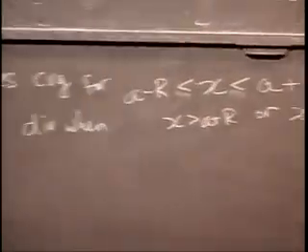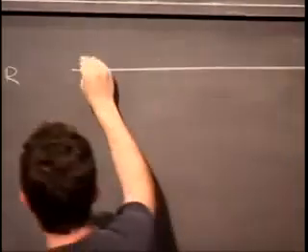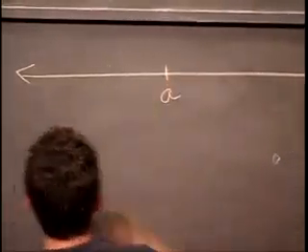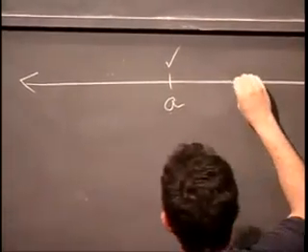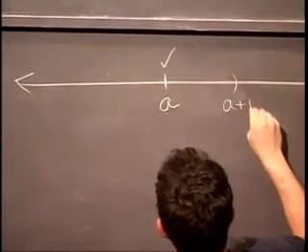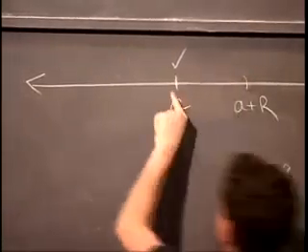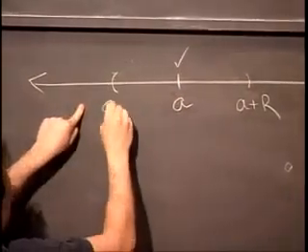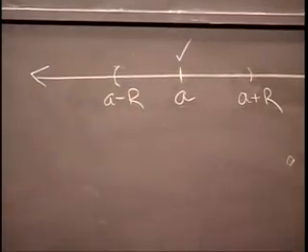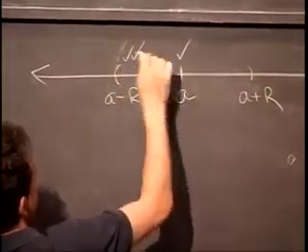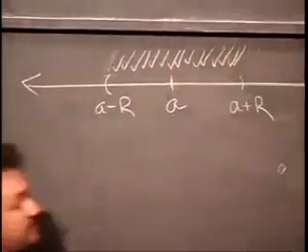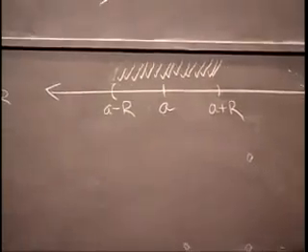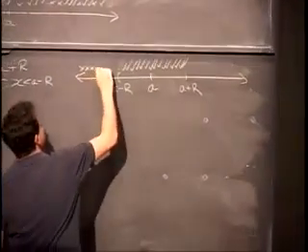Well, when I write it like that, it's almost meaningless. Here's the way to see it. Draw the number line. Here's a, that's the center, and we know it's always good there. There is some number r where if you go r that way or r this way, you are good inside here. The check means that the series converges for those values of x if you were to plug them in. And it diverges outside.